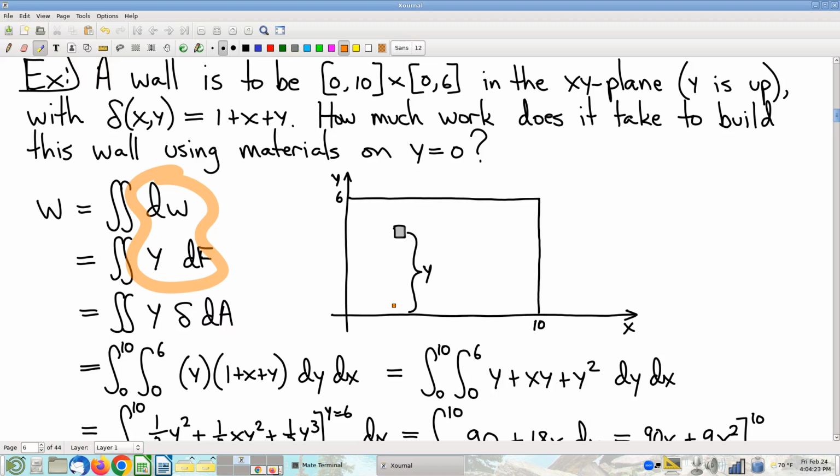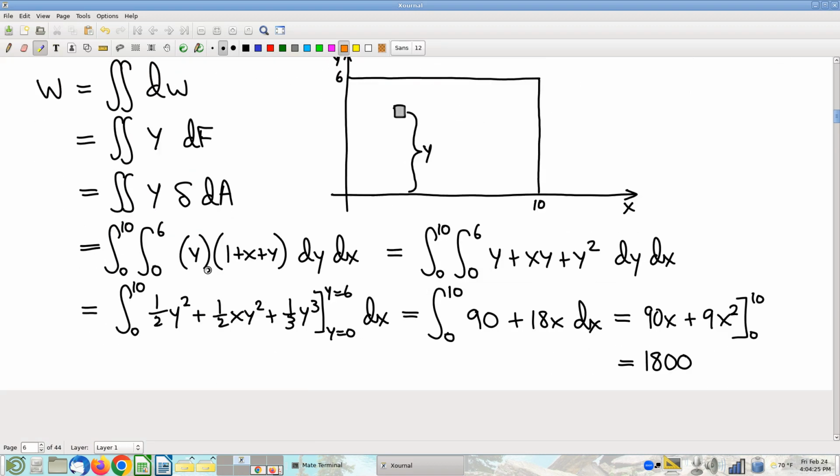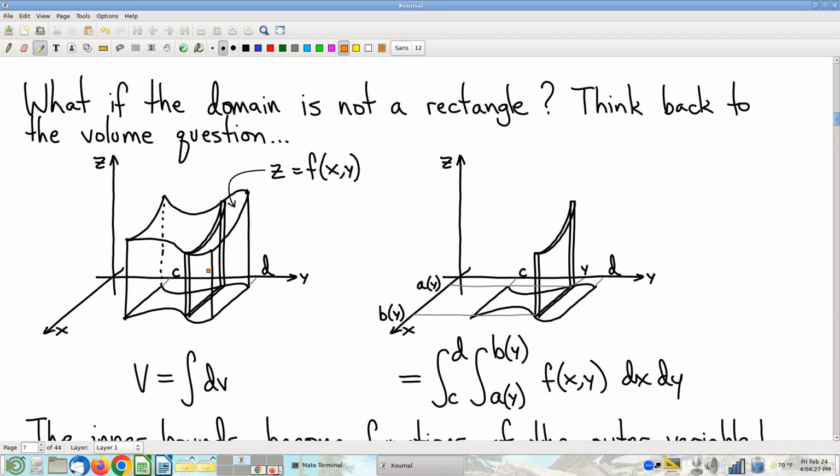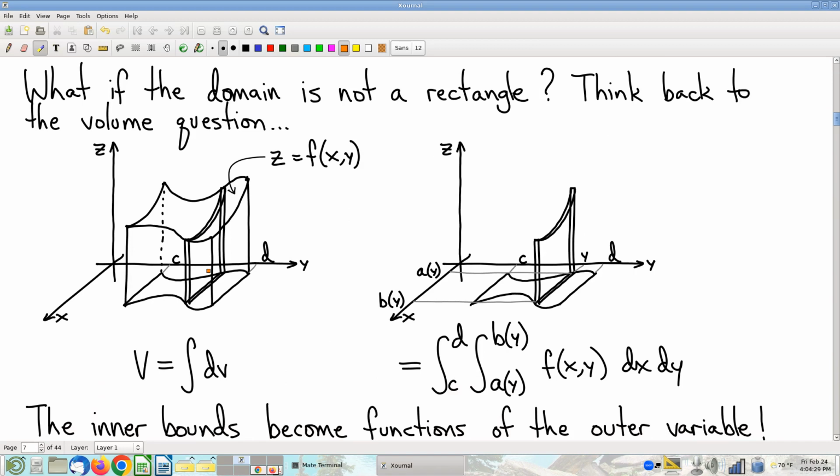Okay. All right. So everything we've done so far has been on the assumption that our domain is a rectangle. For example, computing volume. You want to compute the total amount of volume under a graph. Well, we're computing the volume under a graph over a rectangle. So we're going to entertain now the question of what if it's not a rectangle?